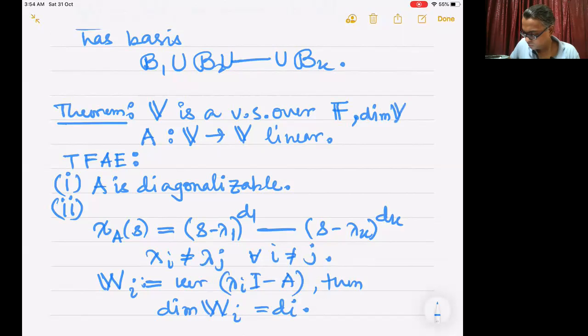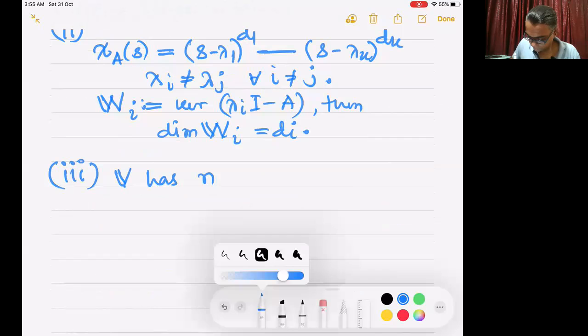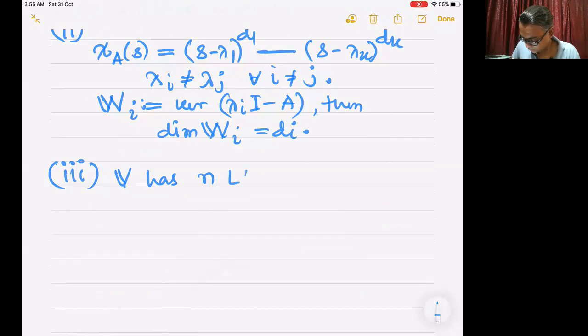V has dimension n, and V has n linearly independent eigenvectors. Now, the proof.